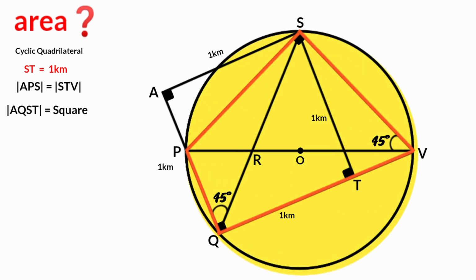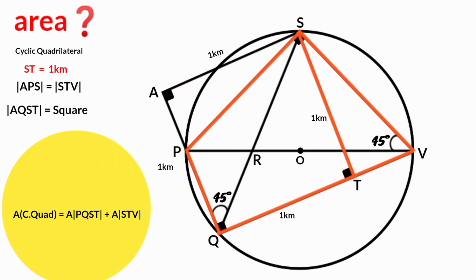If you look at this quadrilateral in question, it is made up of this triangle STV and this quadrilateral PQST. So we say area of cyclic quadrilateral equals area of PQST plus area of triangle STV. We replace STV with APS.